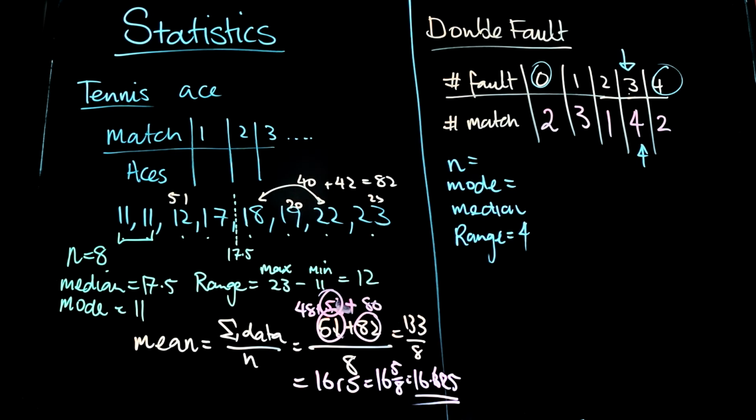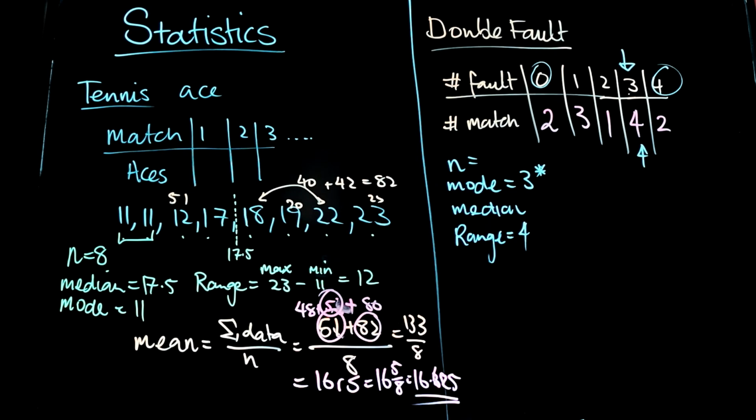So the mode is 3 because we're talking about the number of double faults and not the number of matches that had occurred. So that's really important.